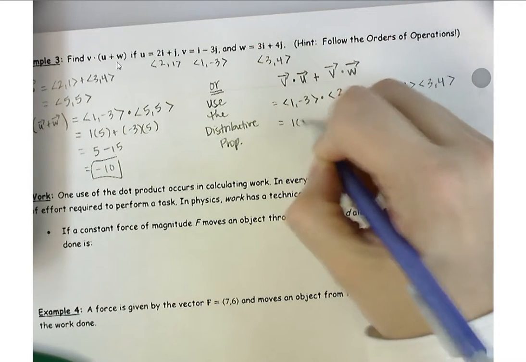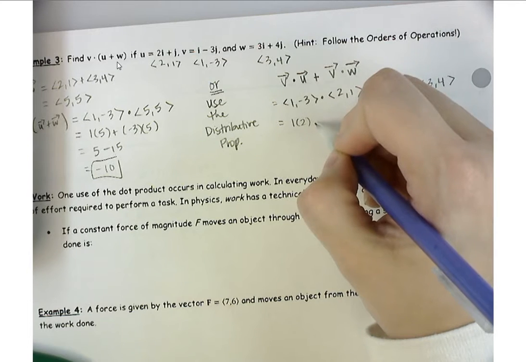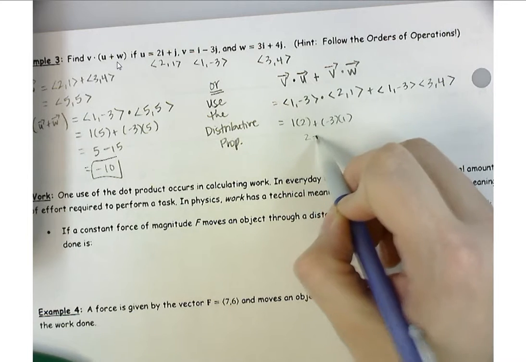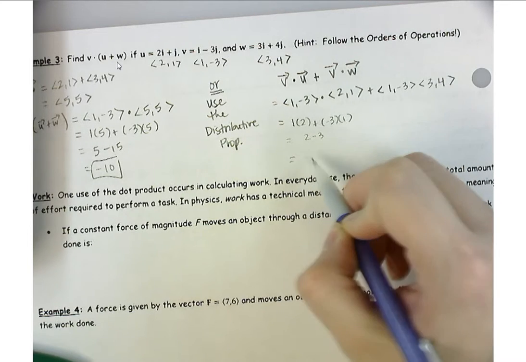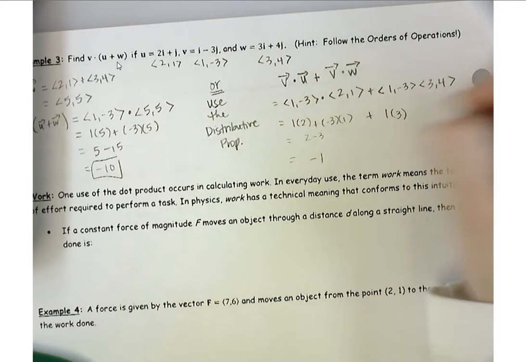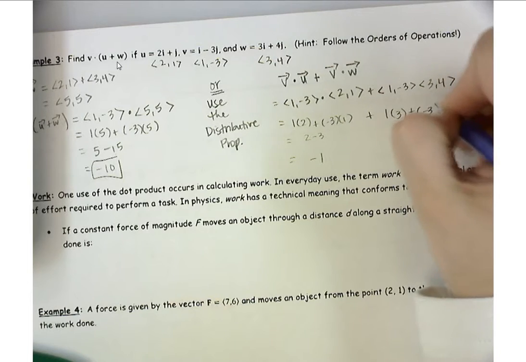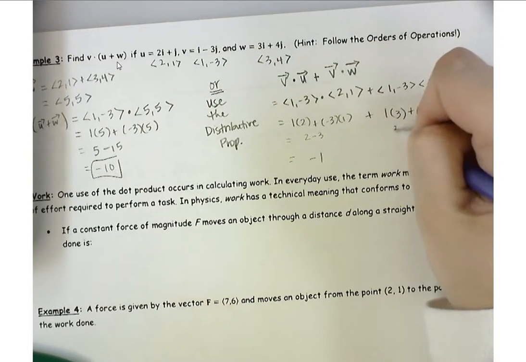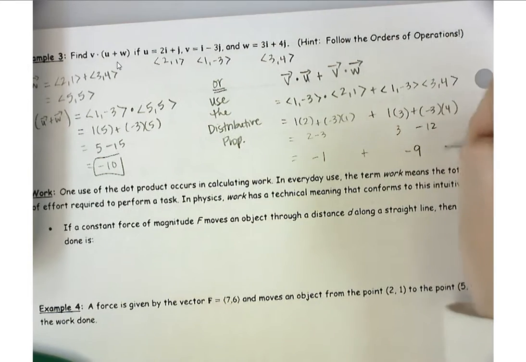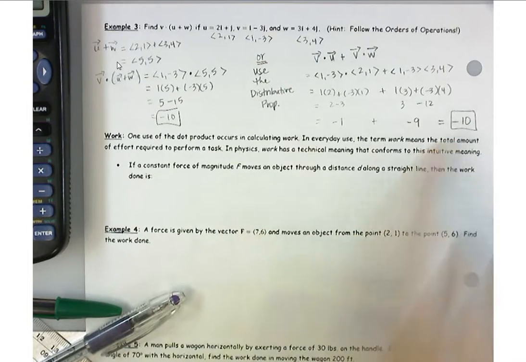So 1 times 2 plus negative 3 times 1, which is going to be 2 minus 3, or negative 1, plus 1 times 3 plus negative 3 times 4, which will be 3 minus 12, or negative 9. Negative 1 plus negative 9 is going to be negative 10. Okay, so either method is going to produce the same result. So you can choose which one you want to do.